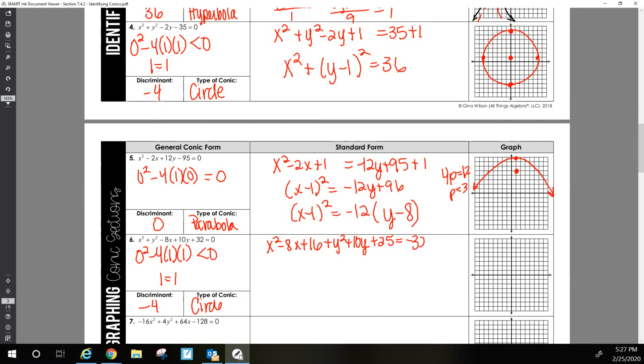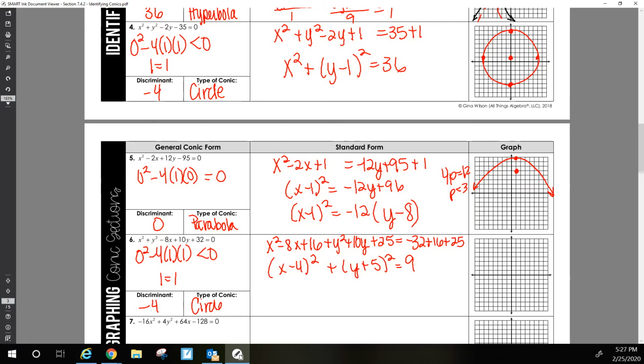It becomes negative 32. We've got to remember to go back, add that 16, and the 25 we did to this side has to be added to the other side. So over here we've got x minus 4 squared plus y plus 5 squared. Negative 32 plus 16 would be negative 16, plus 25 is going to be 9.